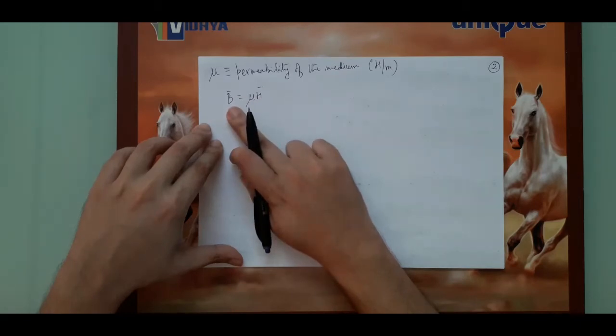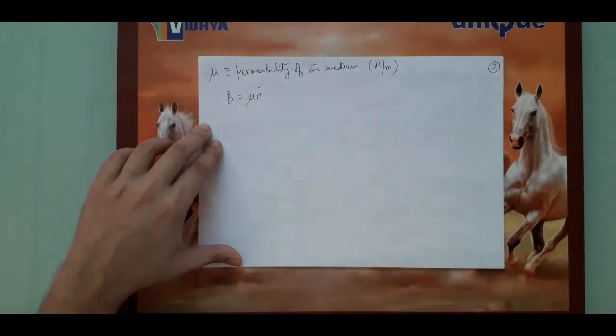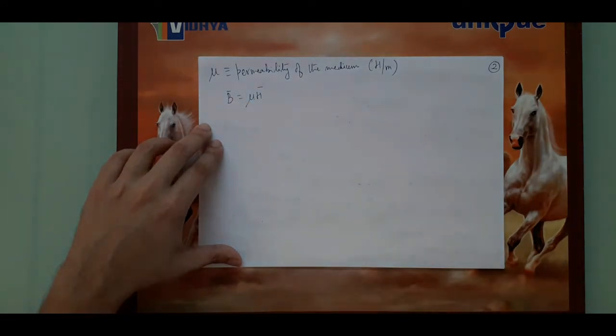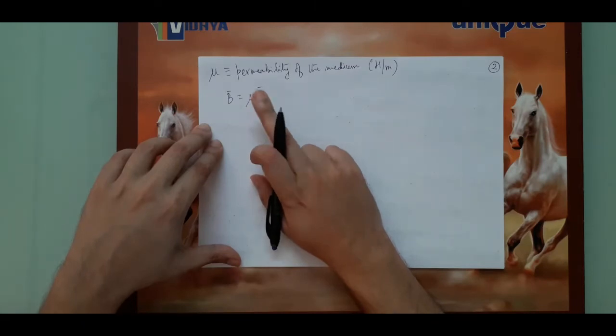So the permeability of a medium is defined as the ability of a medium to support the magnetic field formation inside it. Just like permittivity was a measure of resistance, permeability is a measure of how much it allows the supporting of a magnetic field inside the medium.